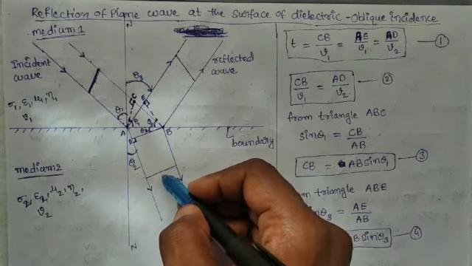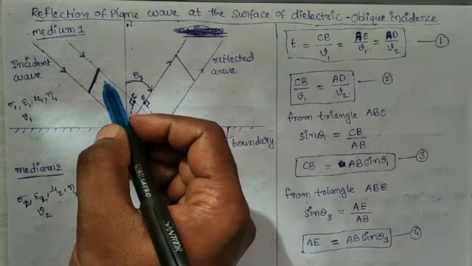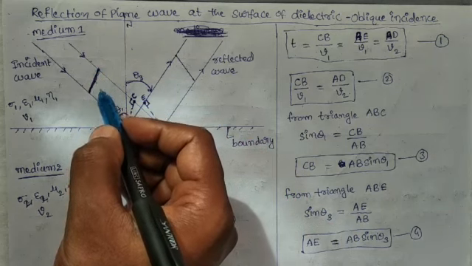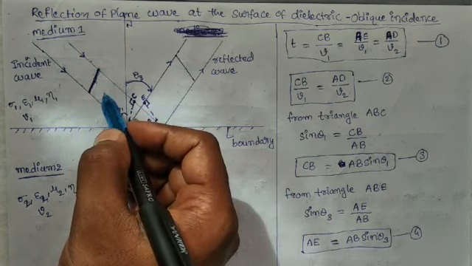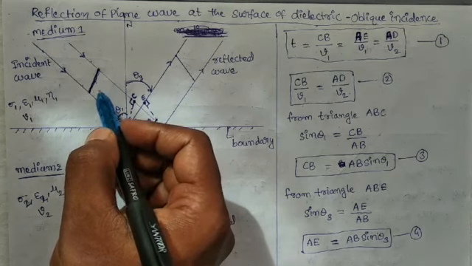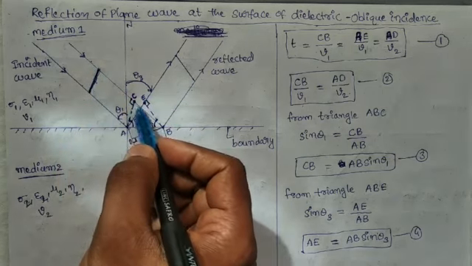Now we are observing the direction of propagation of the incident wavefront. The direction of the incident wavefront is in the direction of propagation of the incident ray.